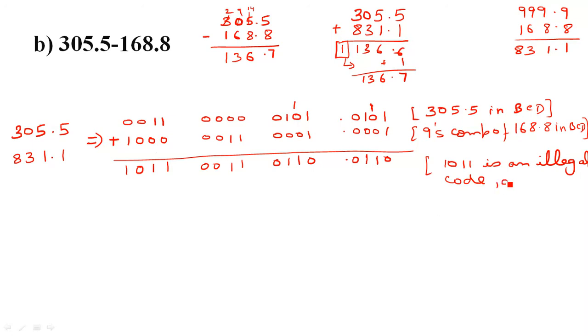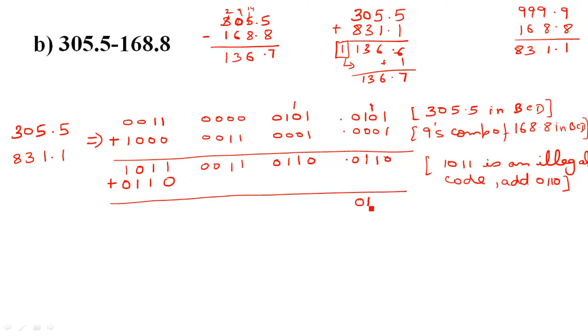So we have to add 0110 in this group. So we are going to add 0110 in this group only, because the rest of the groups are already legal codes. So we are not going to add 6 in this particular code.